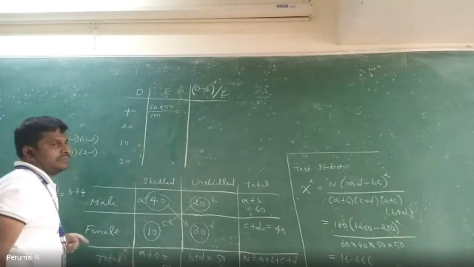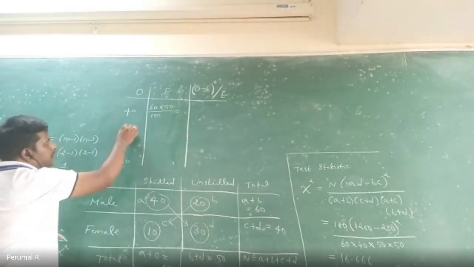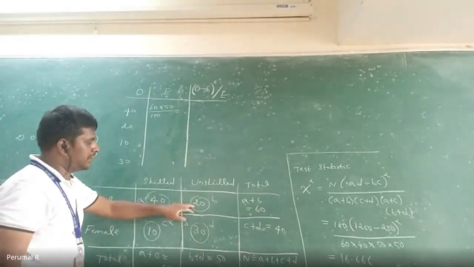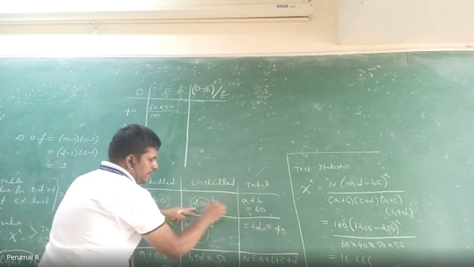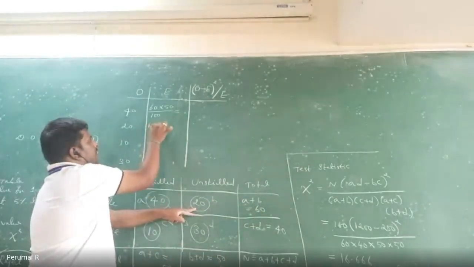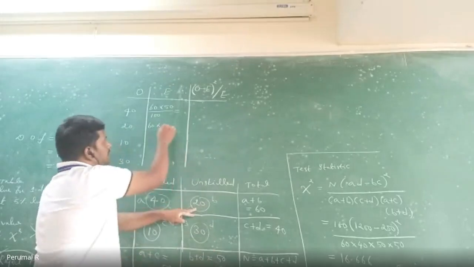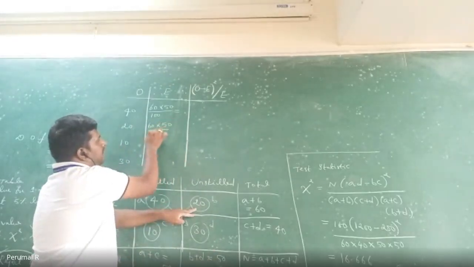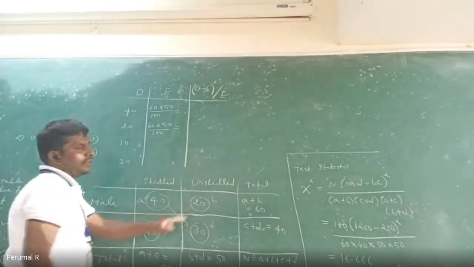Next you compute 20. That 20 is present in the row with total 60, and the column total is also 50, divided by 100. In that way you can compute.